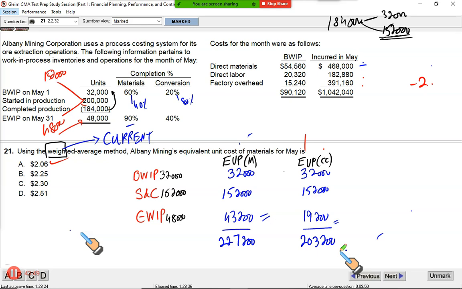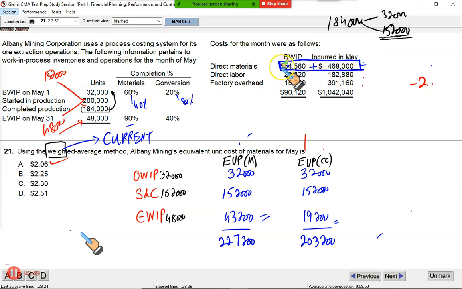Second step is the calculation of the rate for material and the EUP rate for conversion cost. Remember, weighted average considers the previous direct material and the current direct material, both. We have discussed that in weighted average, current and previous period are considered both. So material in the previous period and the current period are combined, 54,560 plus 468,000.